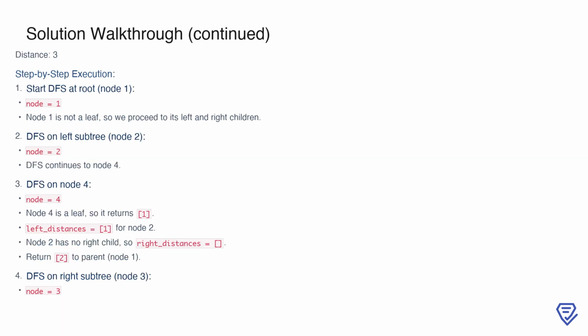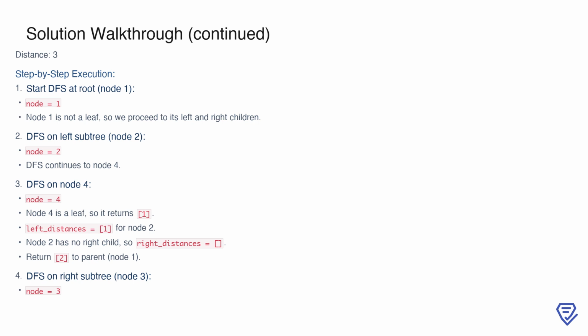Now, we examine a larger tree with 6 nodes. The allowable distance remains 3. Starting DFS at the root, node 1, we see that it is not a leaf, so we explore both its left and right subtrees. For the left subtree, we move to node 2, which is also not a leaf. From here, DFS proceeds to node 4. Node 4 is a leaf, so it returns 1 to its parent, node 2.